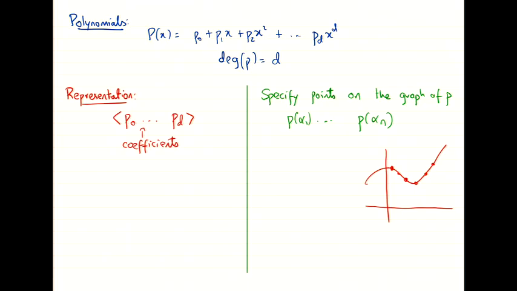Okay, so here we're going to use this simple fact that n evaluations uniquely determine a degree D polynomial.